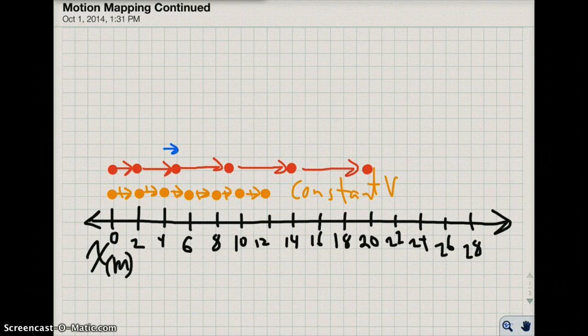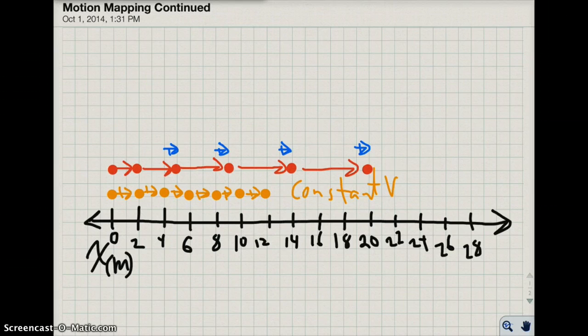And here I've increased again by 1 meter per second, and I've increased again by 1 meter per second, and I've increased again by 1 meter per second. So these vectors, these acceleration, if you will, vectors, are all equal to each other, showing that this object is speeding up at a constant rate.